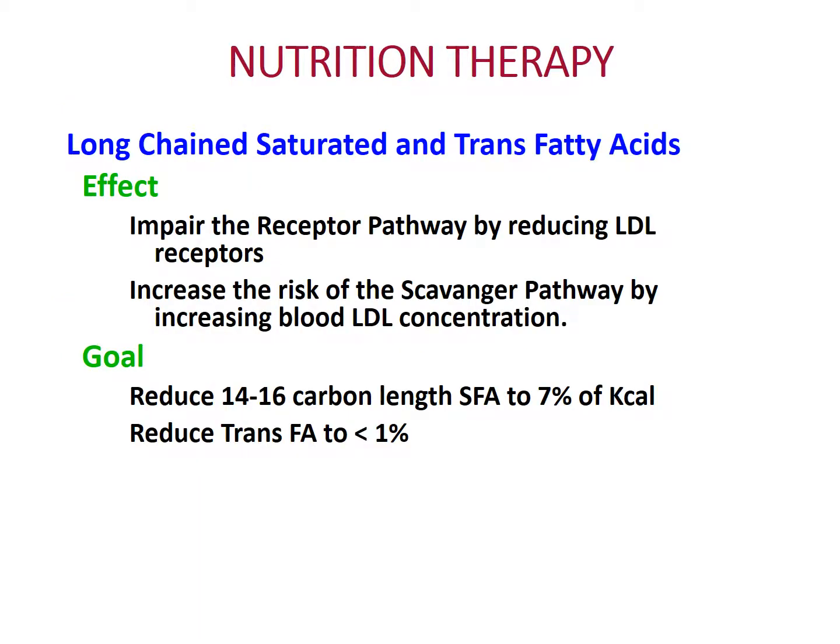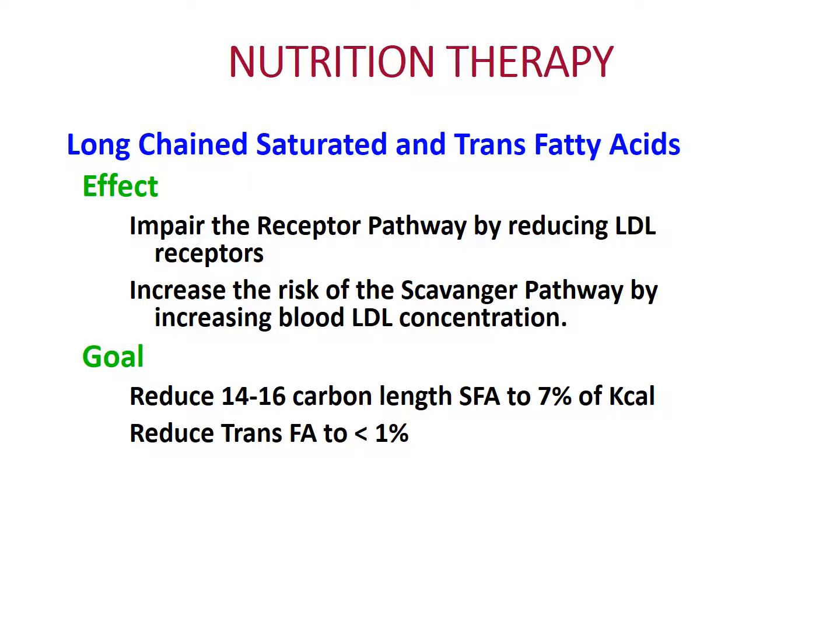So I wanted to start with long-chain saturated and trans fatty acids. These are considered the highest risk factor for raising LDLs because they are going to impair the receptor pathway. So we talked about the receptor pathway. Basically, we refer to it as the liver receptor pathway.